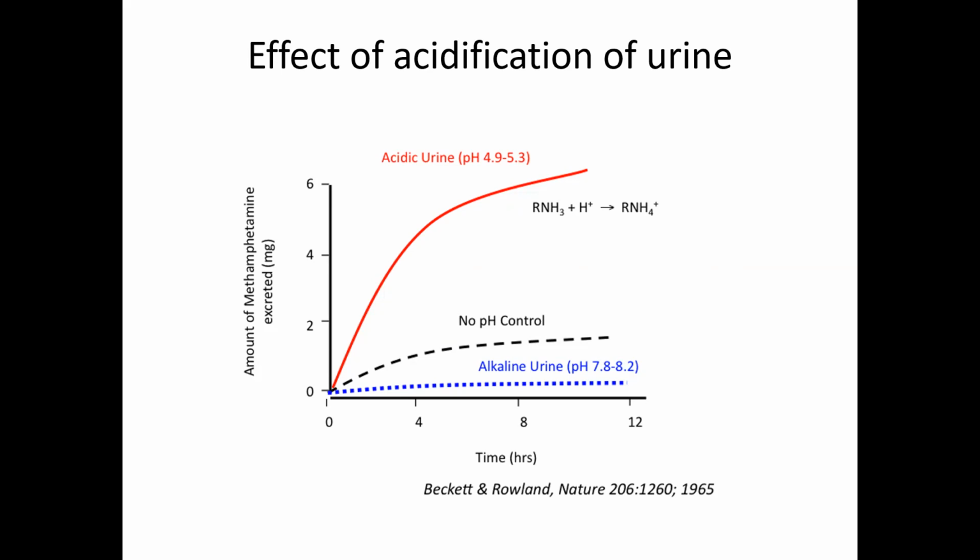Clear? Yes, when you encounter a patient with amphetamine poisoning, toxicity, or overdose, you can acidify the urine with ascorbic acid and the drug will be eliminated rapidly.